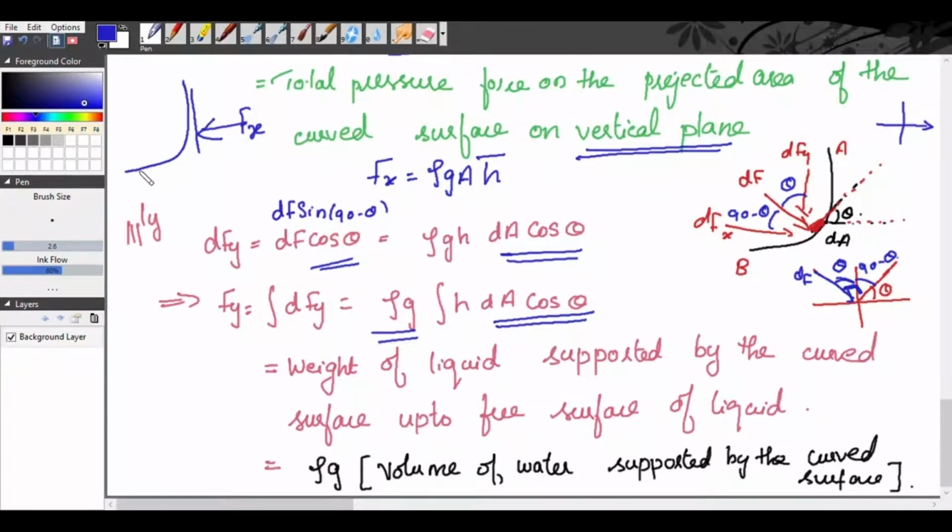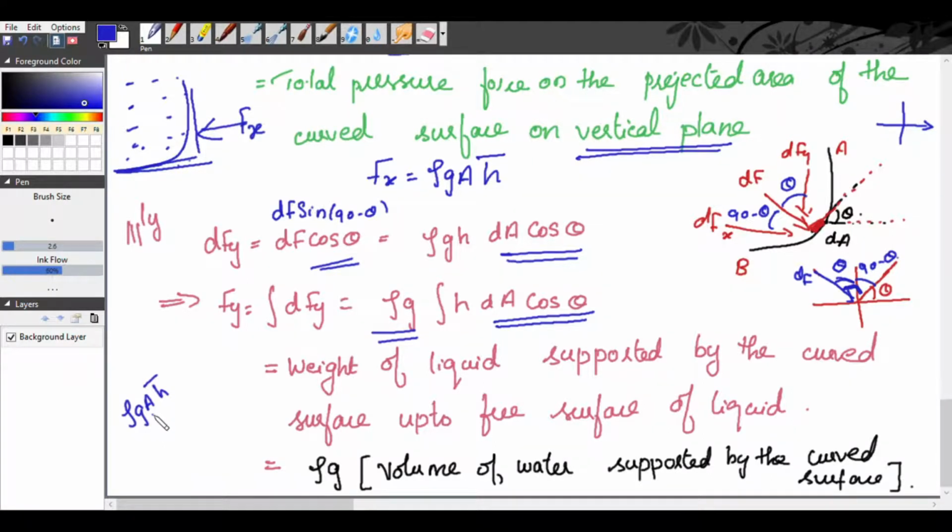of the liquid. So when you are considering the horizontal surface or horizontal plane of this curved surface, the force will be equal to the weight of the liquid above the horizontal plane of the curved surface up to the free surface of the liquid, and that will be equal to rho g into, we know, A h bar, right?